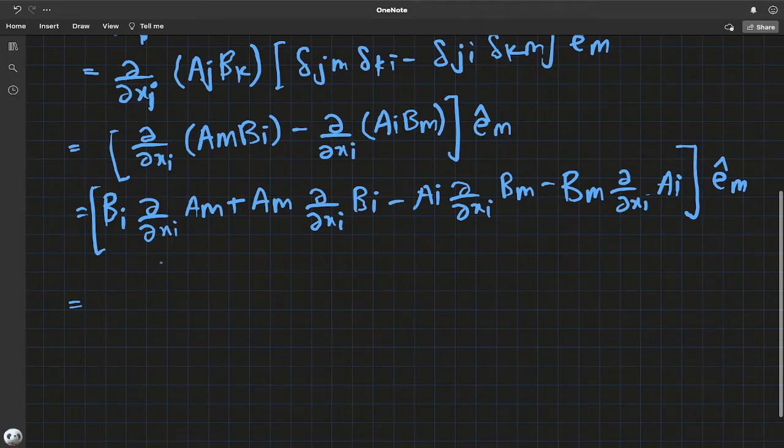So this first term, if you notice, the common indices is a special operator.